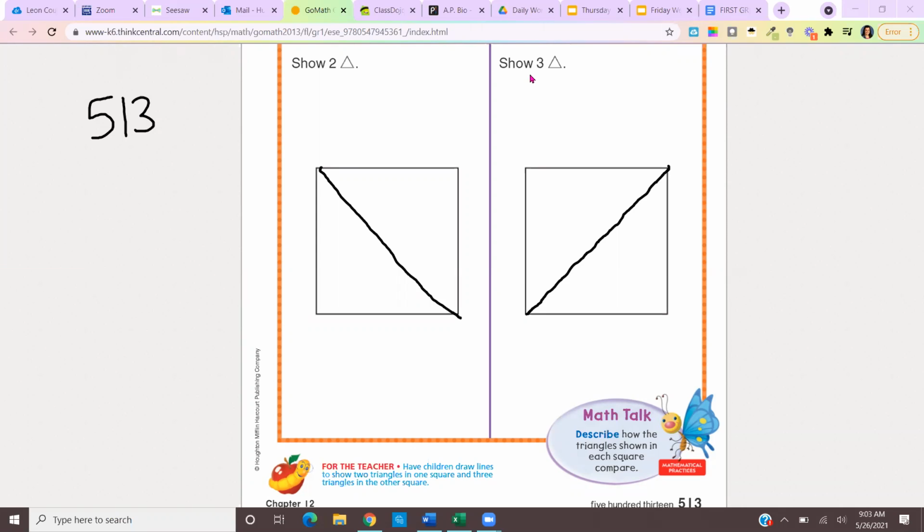To make it 3, we can break one of those triangles into 2. So now for that second square, how many triangles do you see? 3. Great job. We have 1, 2, 3.